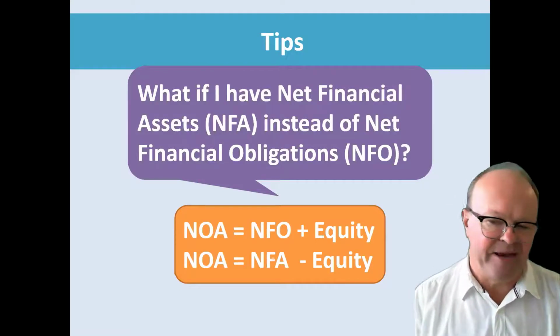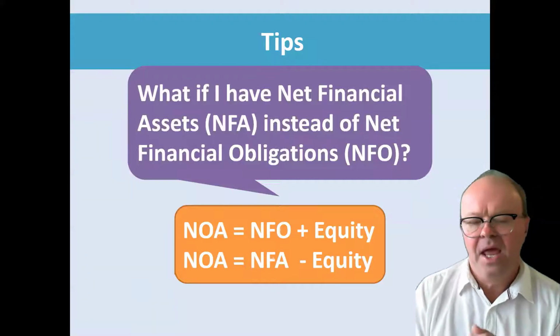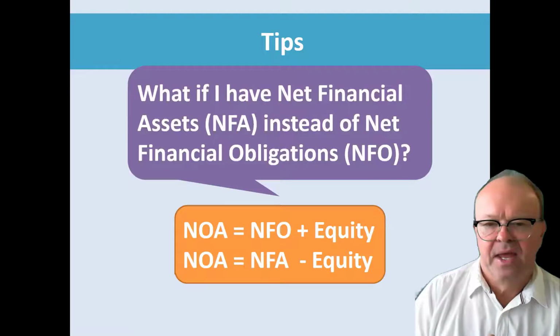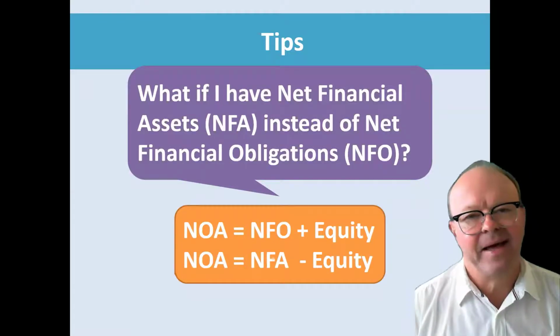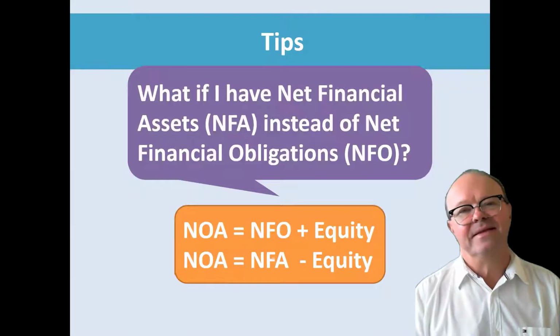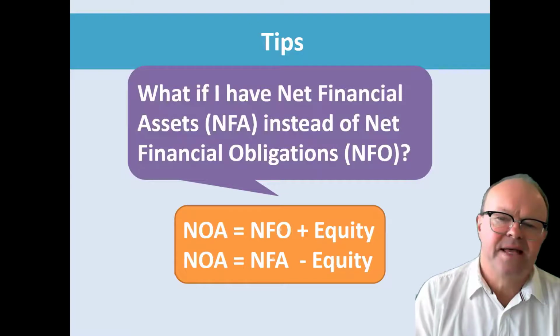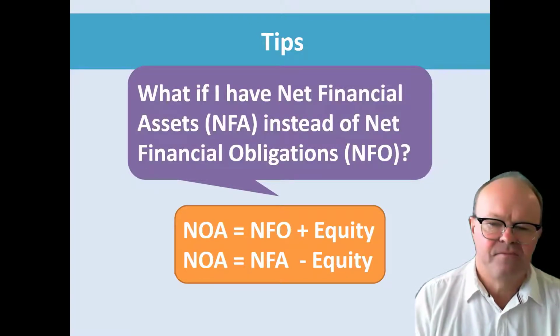You don't add net financial assets and equity, you subtract them. And if that balances, then that's good. Sometimes people add the net financial assets and equity together and it doesn't balance with the net operating assets, and they think there's a problem, but in fact they might have it completely right. So that's the thing to focus on if you've got net financial assets.